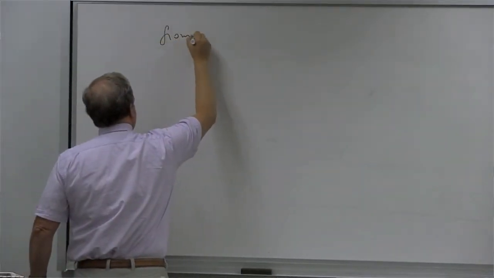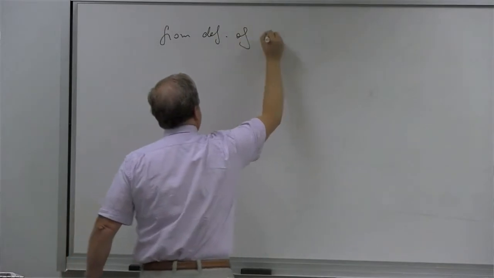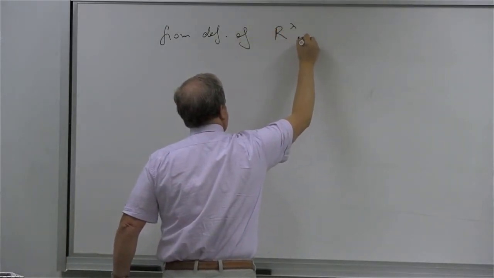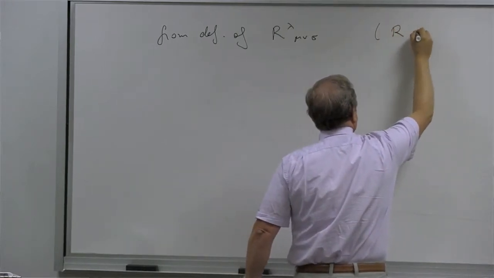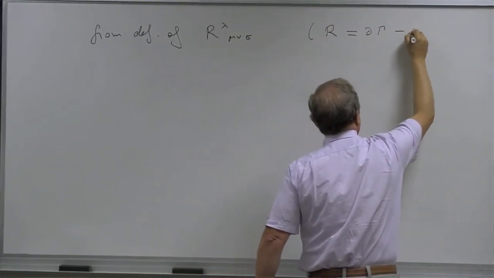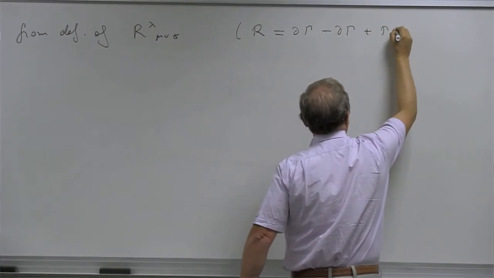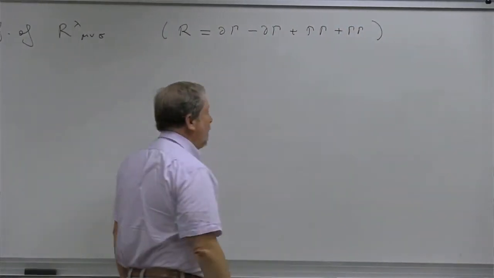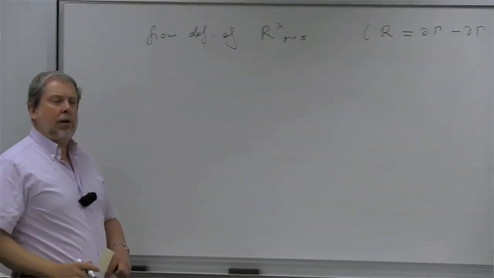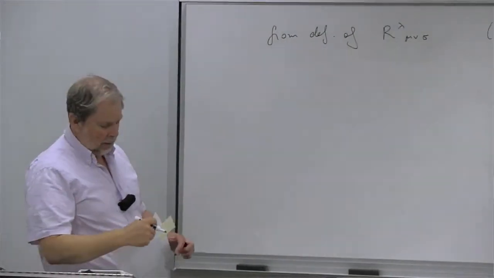So from the definition of R lambda mu nu sigma, you do remember that the Riemann tensor was something like the derivative of gamma minus the derivative of gamma plus gamma gamma minus gamma gamma. It looked like this, so it was quite a mess, but nevertheless, its expression was given explicitly previously.